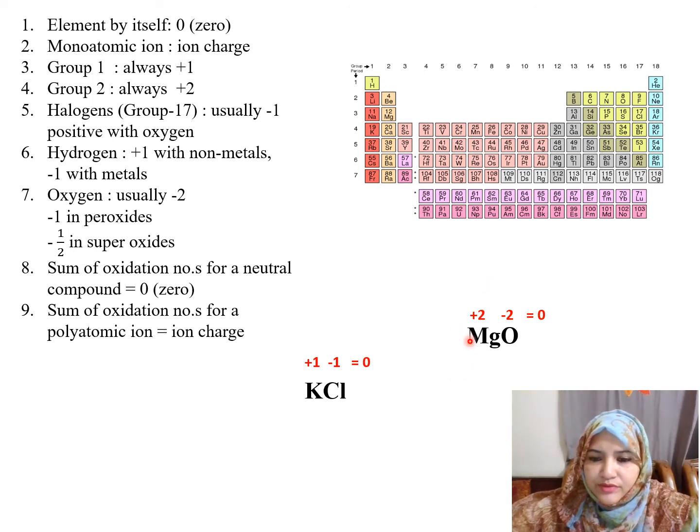Now there is the oxygen. We have a rule for oxygen here, number 7. Oxygen is usually minus 2 in oxides, normal oxides. It also uses minus 1 oxidation number in peroxides, and a very common peroxide is H2O2, hydrogen peroxide.